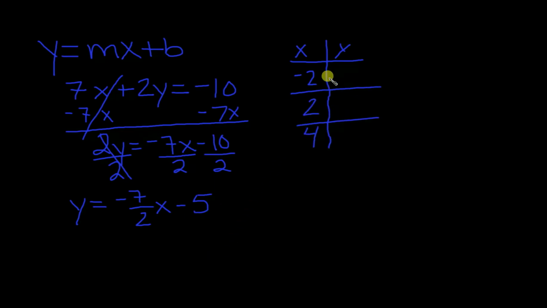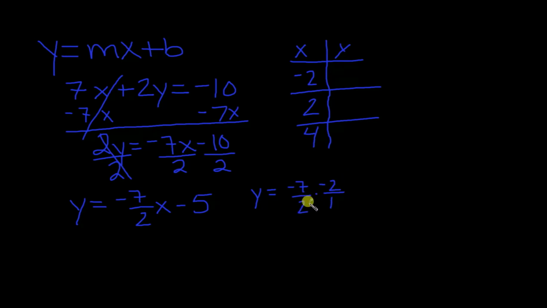So if we plug this negative 2 in for x, we're going to say y equals negative 7 over 2, and we have to multiply this by a negative 2. And since negative 2 is a whole number, it goes over 1. Due to cross-reducing here, you can reduce the 2's by 2.